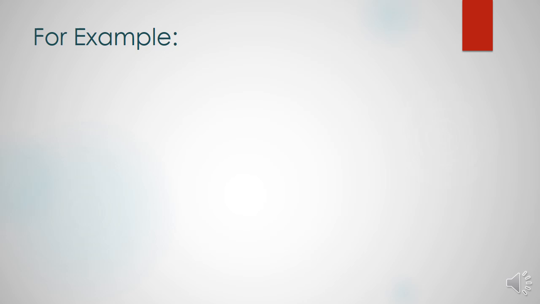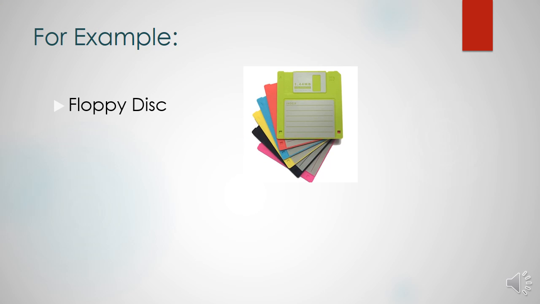Here are some examples of storage devices. Floppy disk. In 6th class, you have studied about floppy disk in a very detailed manner. Nowadays, this storage device is not used to save the data. Hard disk.